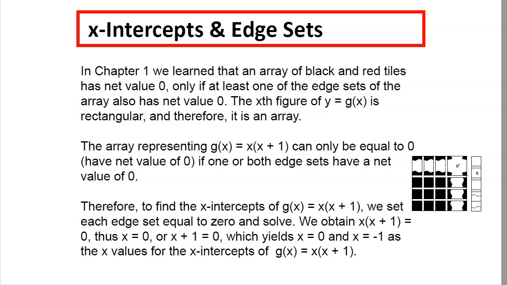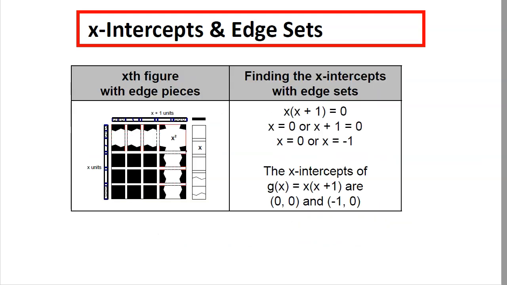Therefore, to find the x-intercepts of g of x, we set each edge set equal to 0 and solve. We obtain x times quantity x plus 1 equals 0. Thus x equals 0 or x plus 1 equals 0, which yields x equals 0 and x equals minus 1 as the x values for the x-intercepts of g of x.